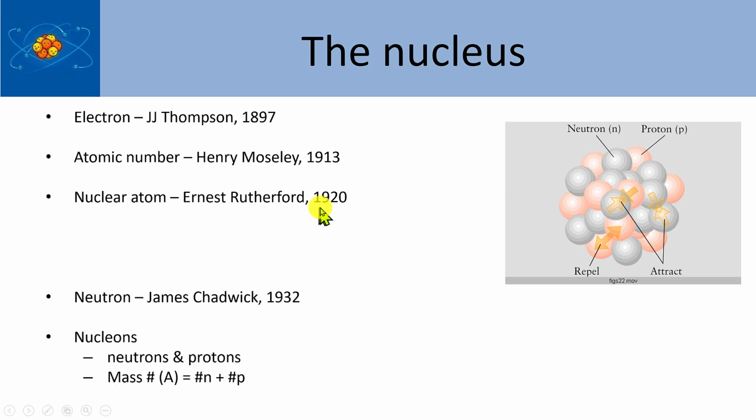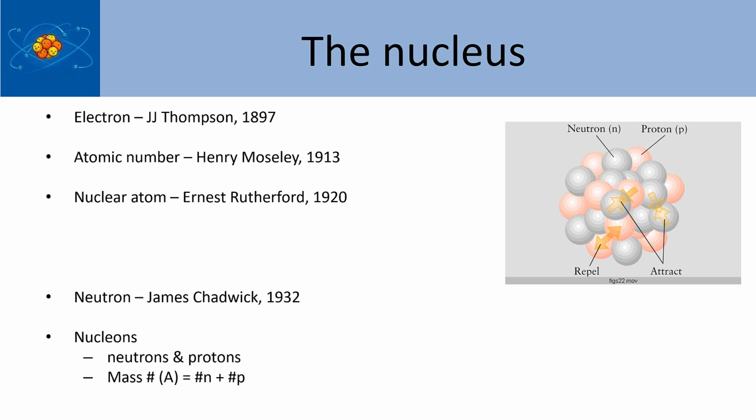Rutherford did an important experiment known as the gold foil experiment, where he revealed the structure of the atom as having a nucleus. The gold foil experiment is one of those you should probably remember. I'll talk about that, and I'll go back and talk about Thomson and Moseley here in just a second.